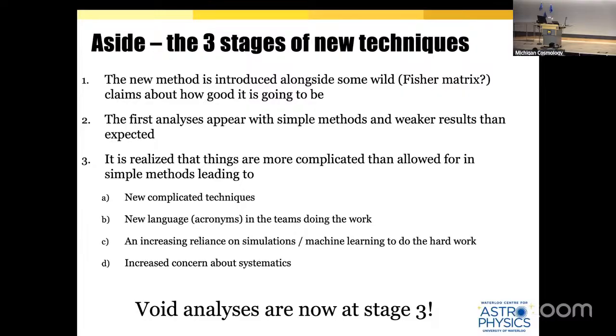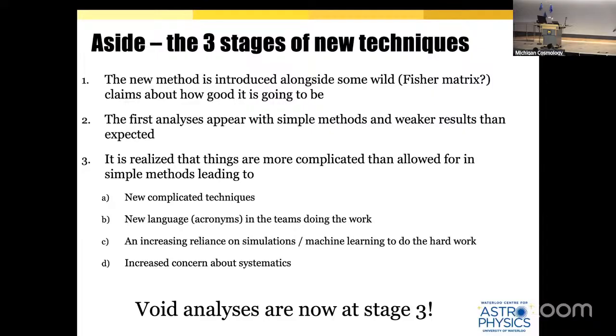The next stage is that the first analyses appear with simple techniques, and they're almost always providing weaker results than expected compared to the Fisher matrix predictions because real-world things have got in the way. And then the third stage is that it's realized that things are really a lot more complicated than anybody has previously thought.